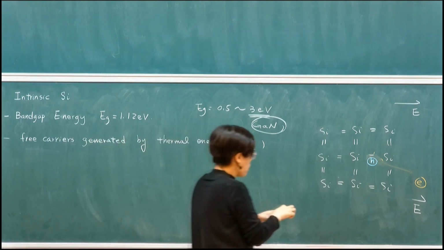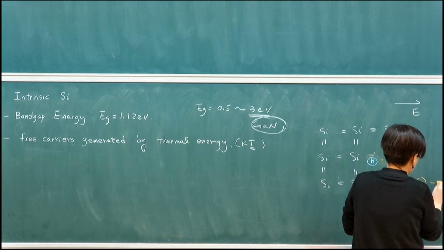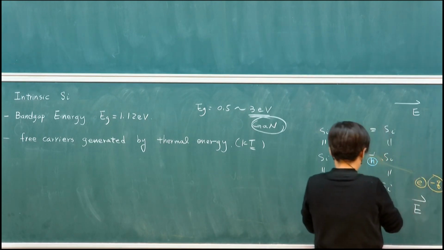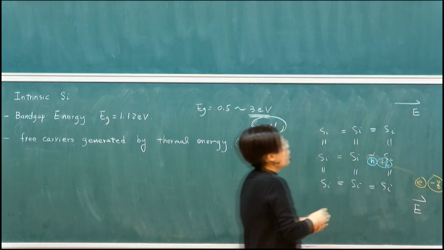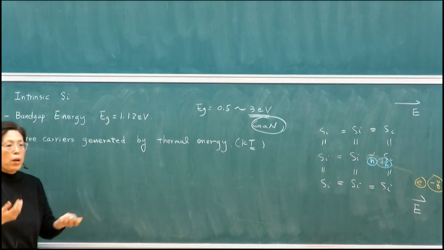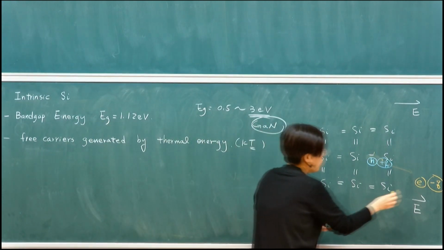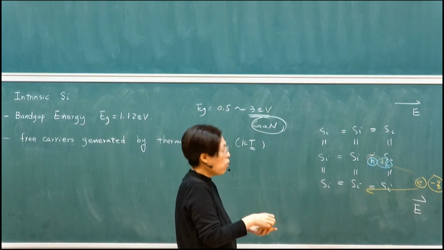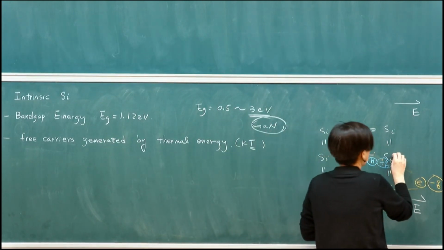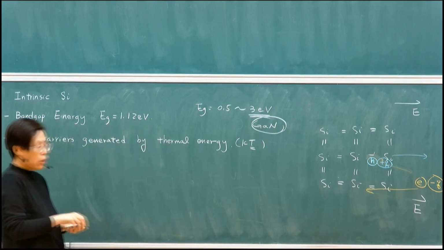Because the electron carries negative charge. So this will be a minus Q, and this will be a plus Q. If I apply a field, the electron will move in the opposite direction of the field, and the holes will move in the same direction as the electric field.